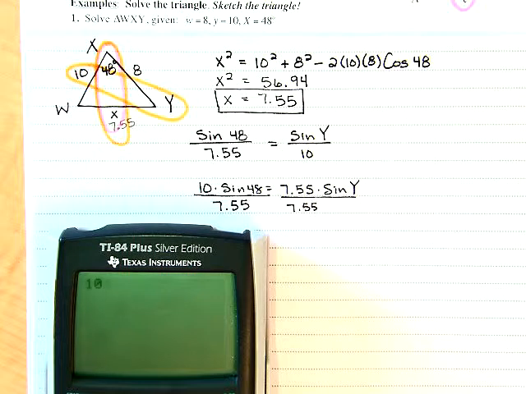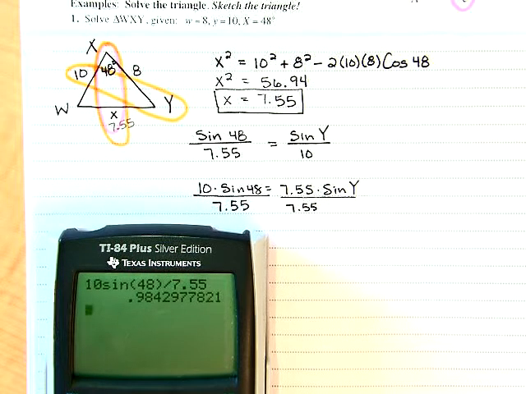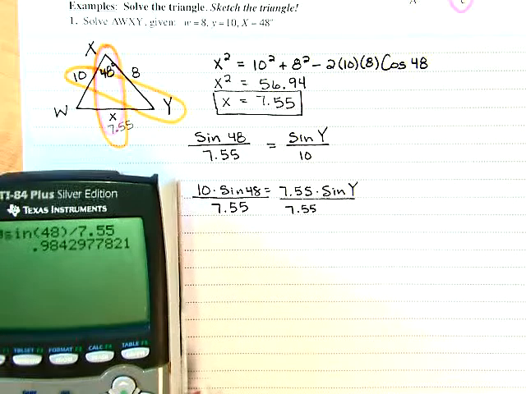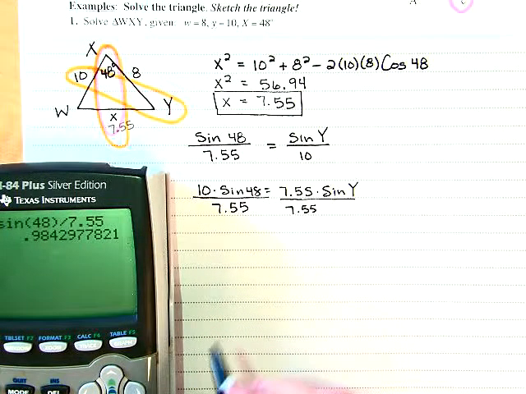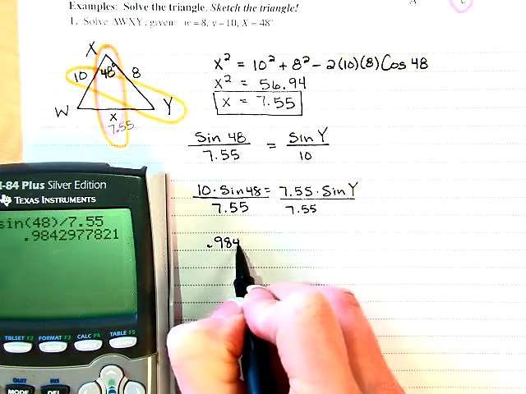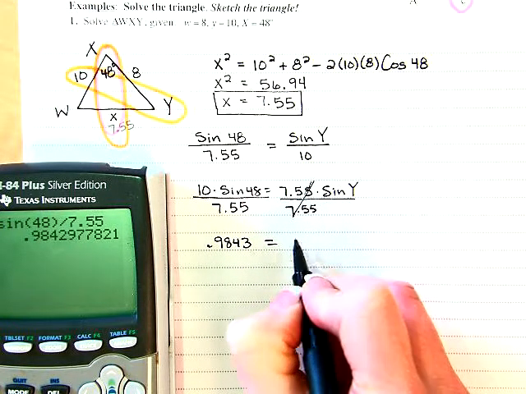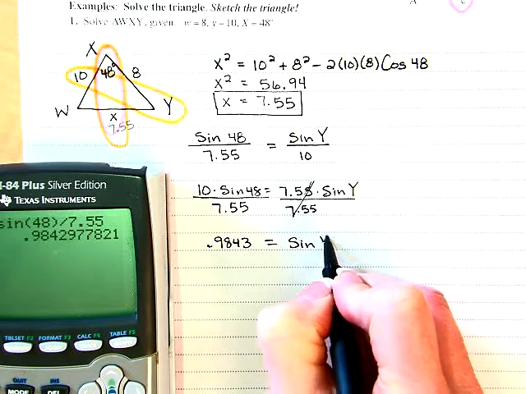And we're doing 10 sine 48, close that, divided by 7.55, and enter, and we get 0.9843. Remember, we're going to go at least 4 decimal places here. 0.9843 is this side, equal to, these cancel, so we're left with the sine of angle y.